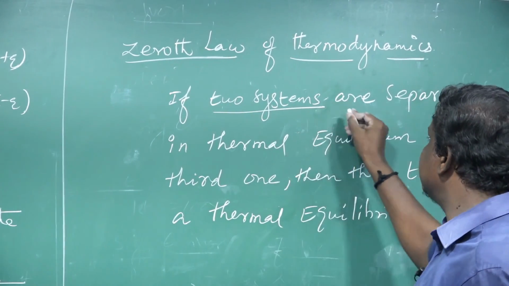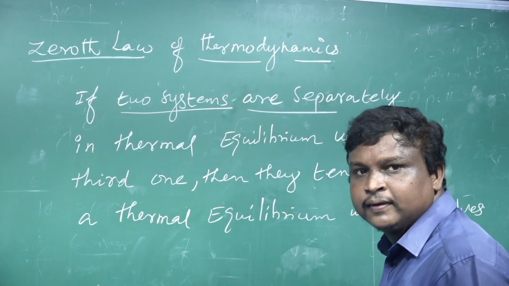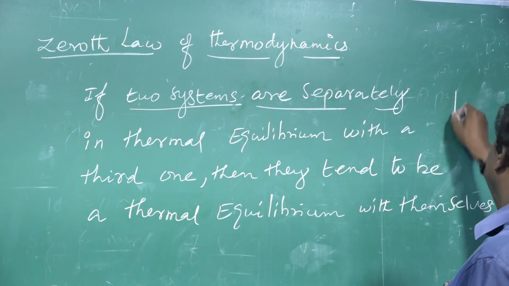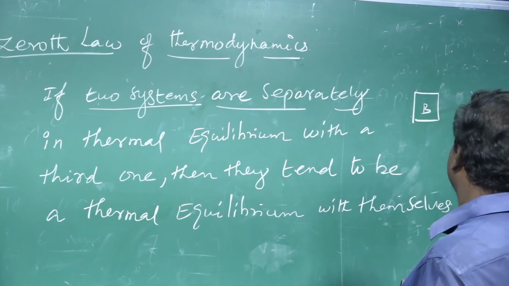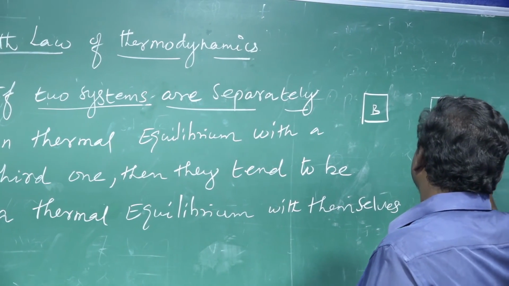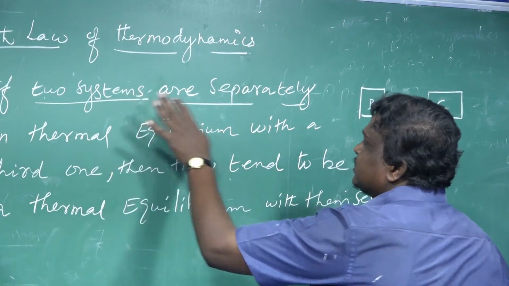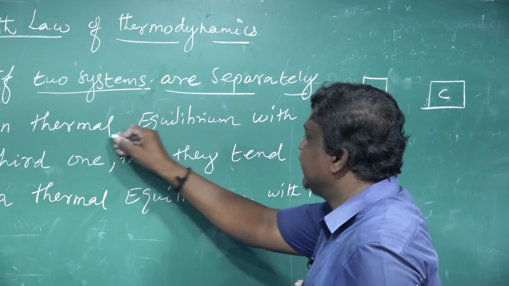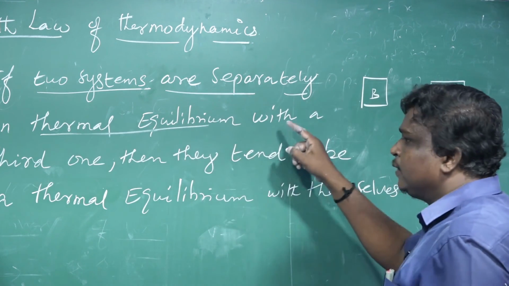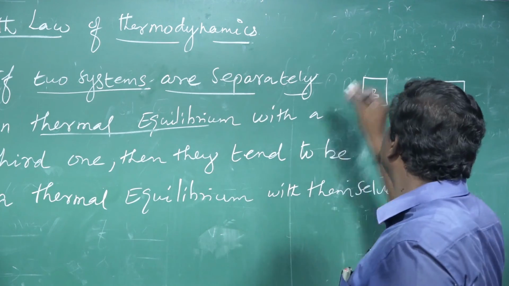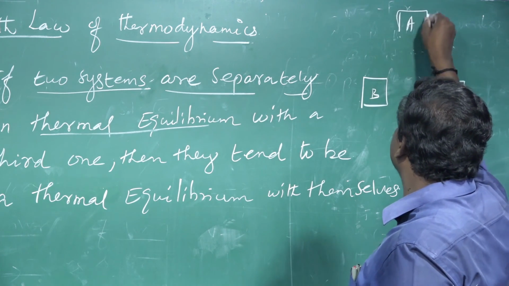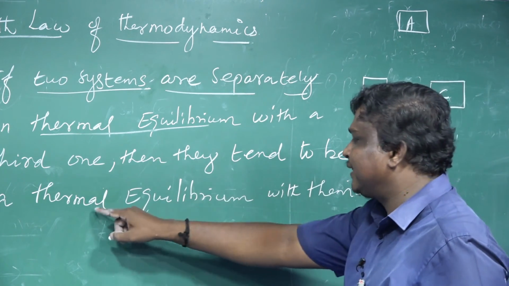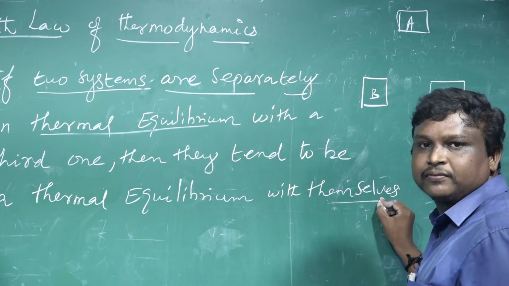If two systems, let us consider B and C, are separately in thermal equilibrium with a third one, that is A, they tend to be in thermal equilibrium with themselves.